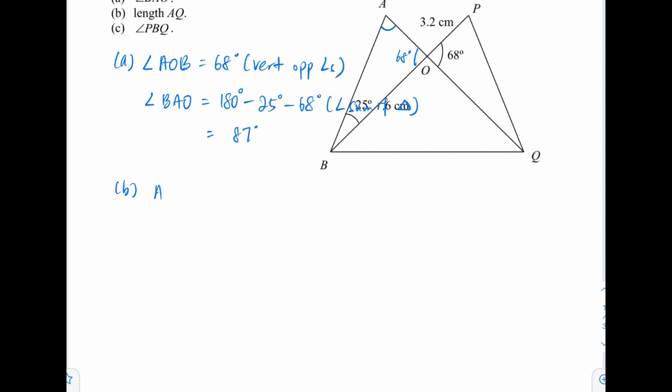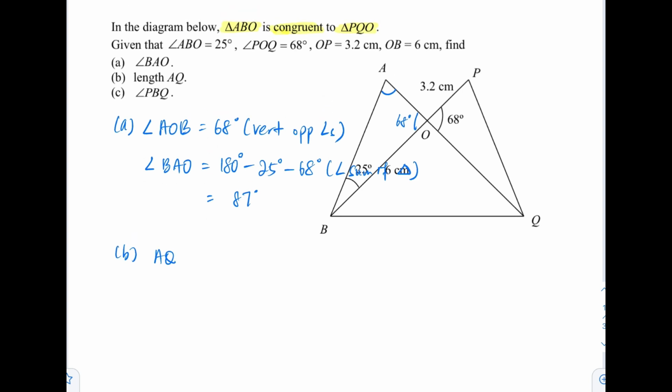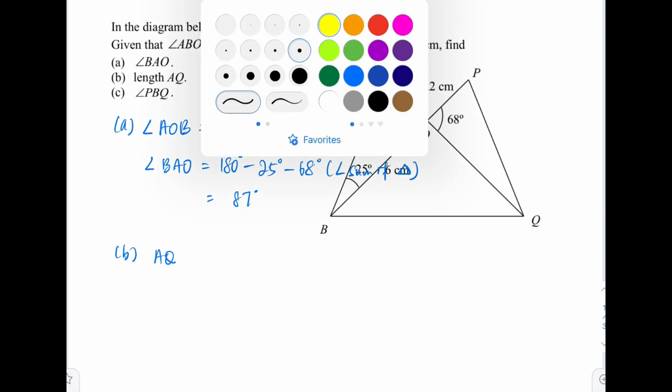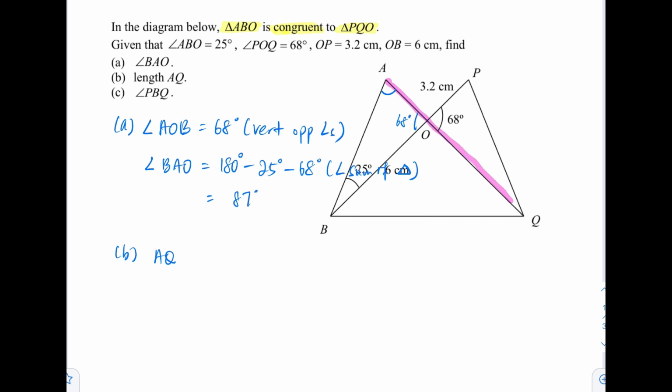Next, I need to find the length of AQ. So if you look at AQ, you will see that AQ is right over here. Let me just shade it in pink. We can see that AQ is made up of two different segments, AO plus OQ.